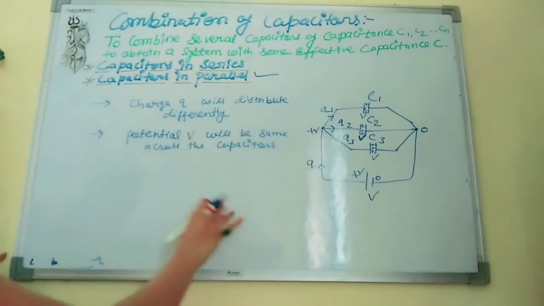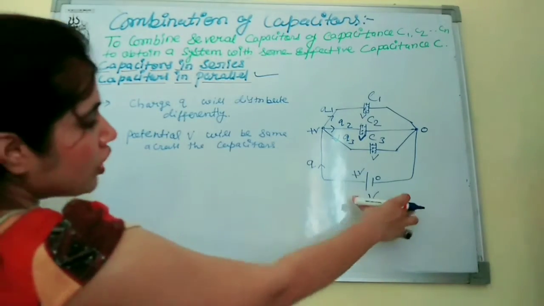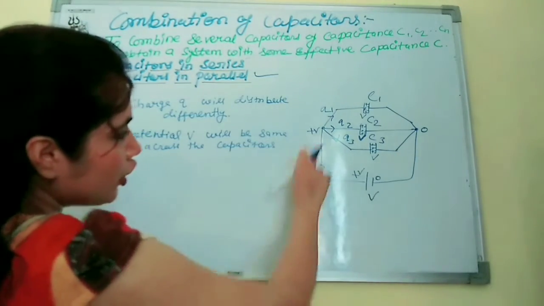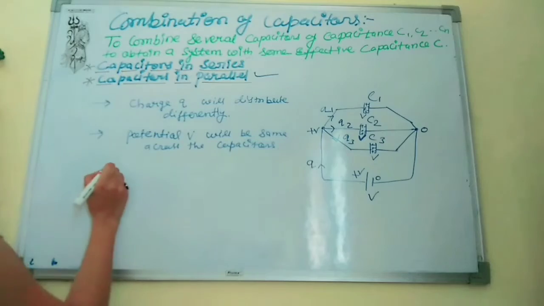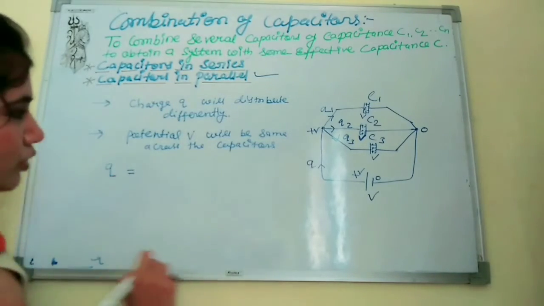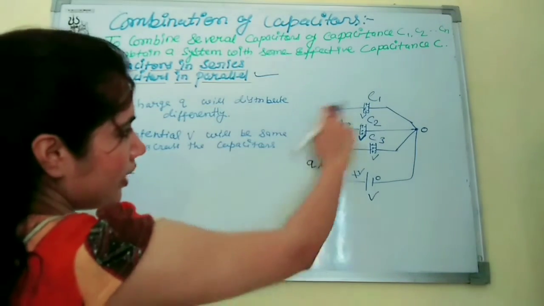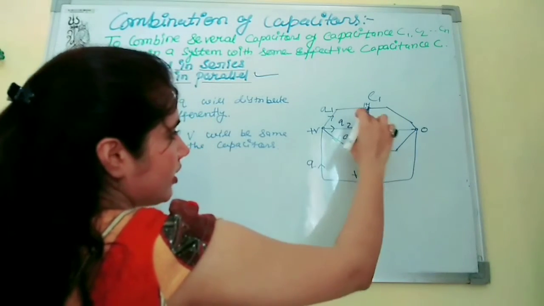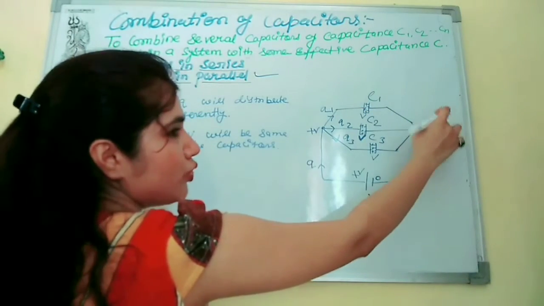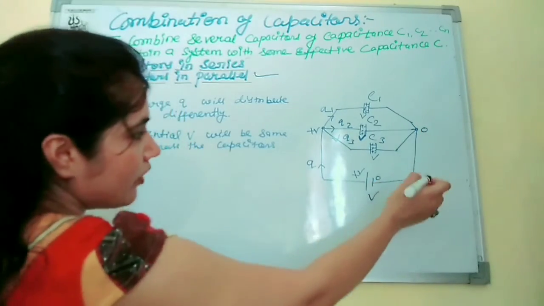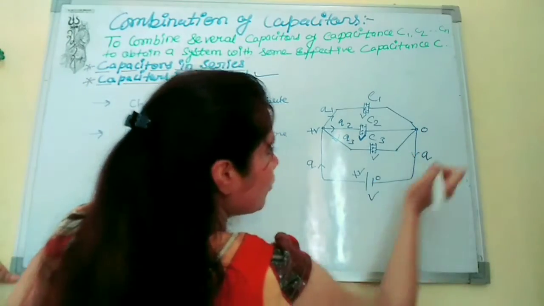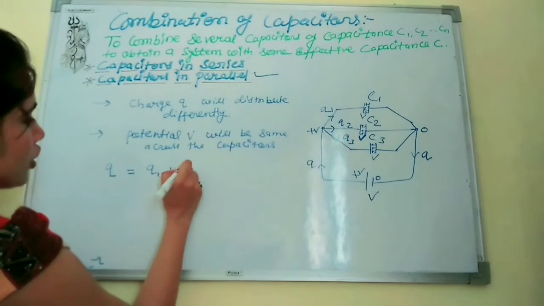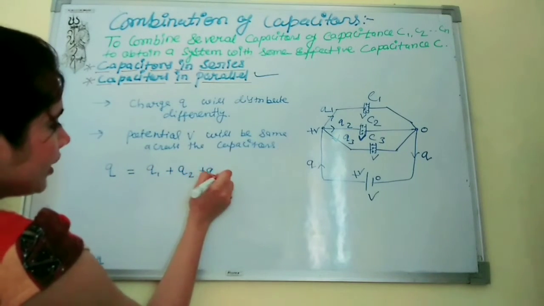Now, the overall net Q in this circuit: if Q is flowing and it comes to this point, then it becomes Q1 plus Q2 plus Q3. Here we get Q only, so Q equals Q1 plus Q2 plus Q3.